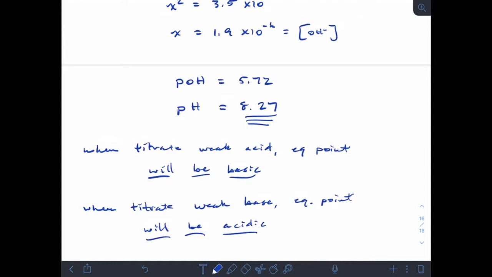Right? And when we titrate a strong acid or a strong base with a strong acid or a strong base, when it's strong on strong, our pH will be close to 7, if not exactly 7. Okay? So this is an important thing.